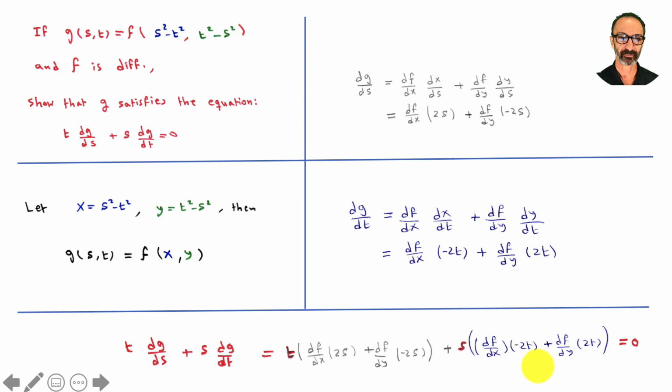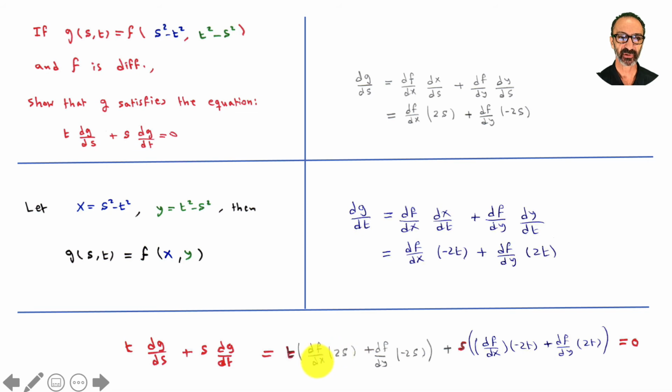For example, you see this part right here, multiplied by t will be minus 2st df dy. I have it here, multiplying by s, it's positive 2st df dy, so they will cancel.